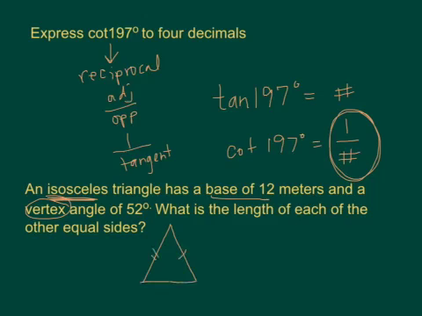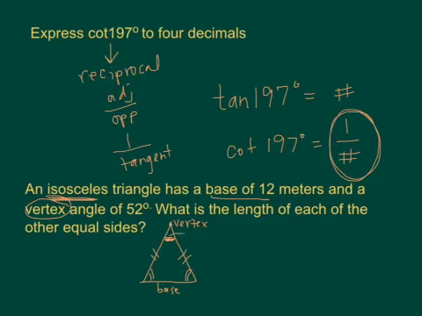In an isosceles triangle, the base is the one side that's not the same length, and actually the vertex is across from that base. So this is the vertex point, vertex angle. These are actually called your base angles. They should also be equal to the same measure as one another.